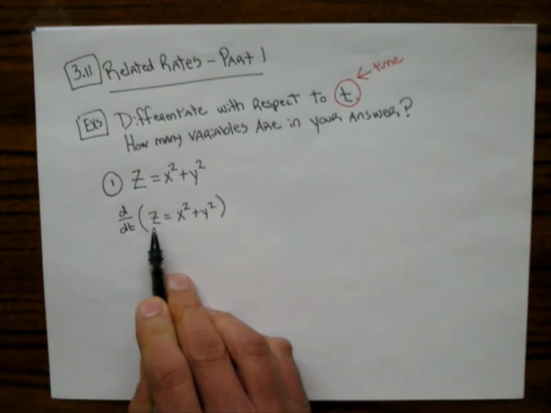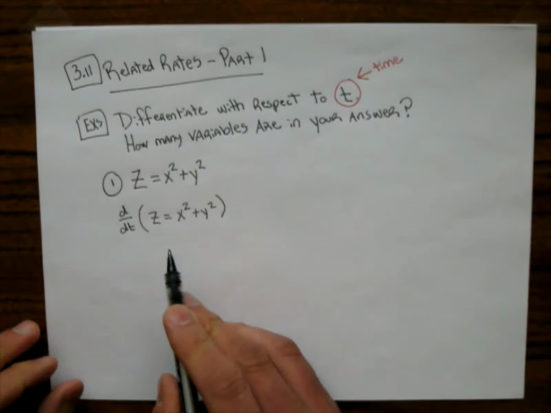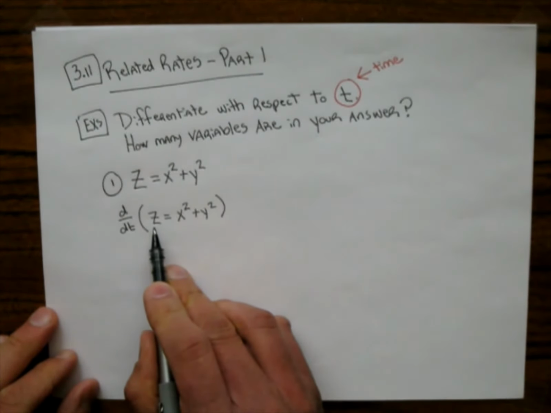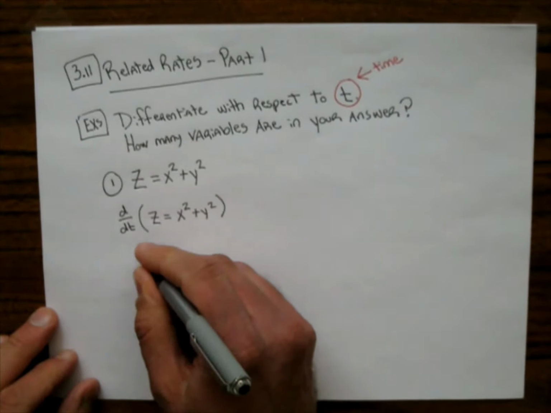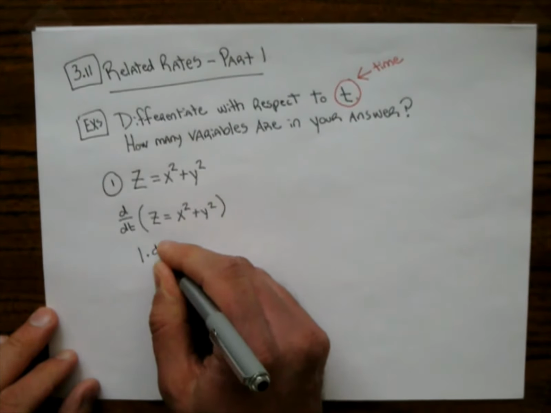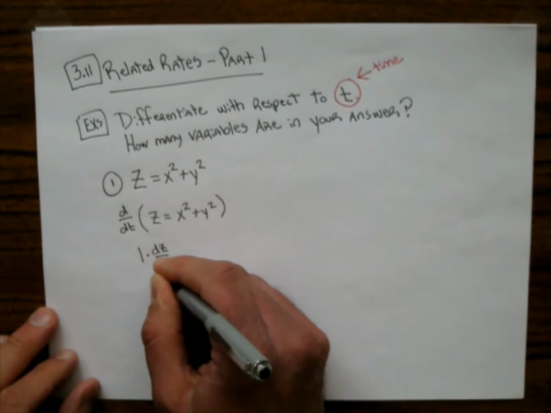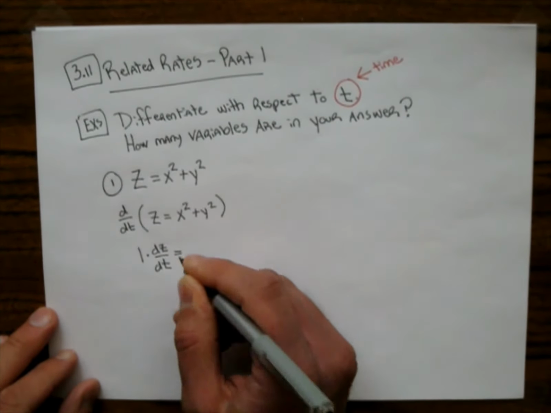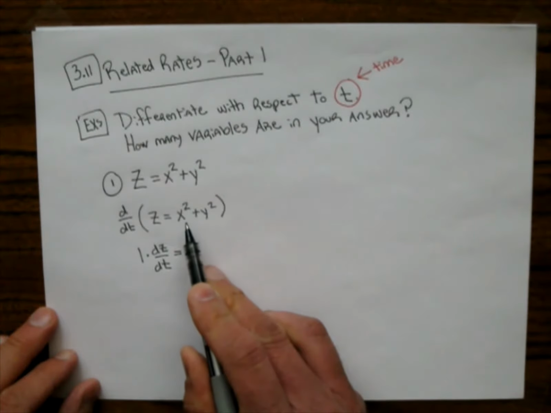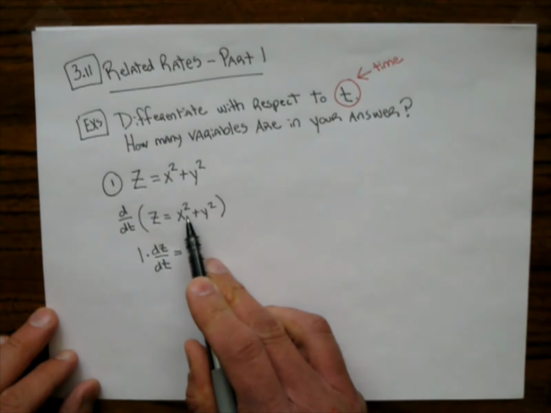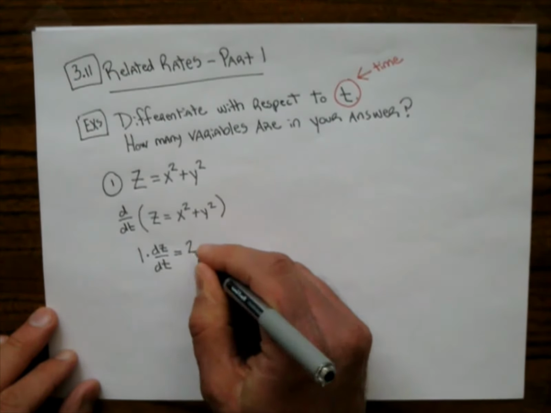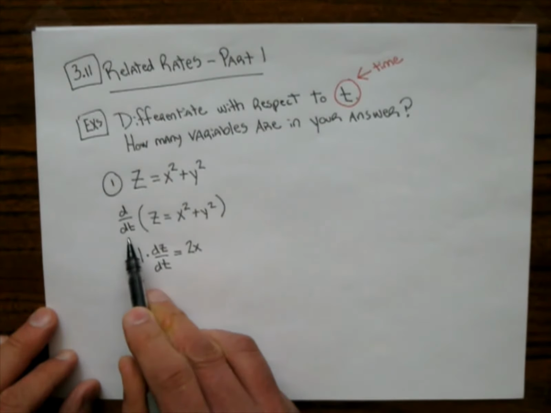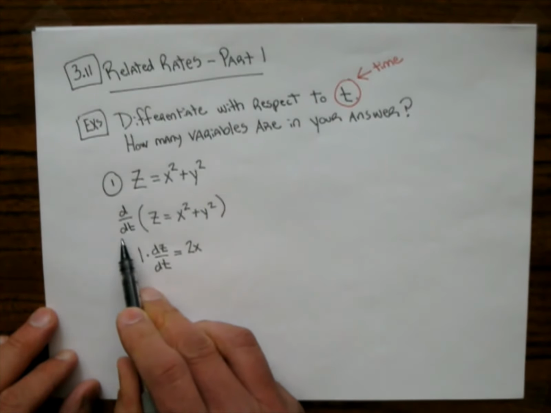The derivative of z is 1, and then we have dz dt. So 1 dz dt. This might remind you of when we were doing implicit differentiation. I'm going to take the derivative of x squared. Normally we would just say 2x and leave it at that because we have d dx, but this is d dt.